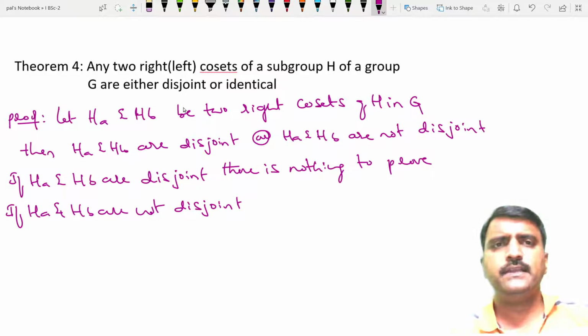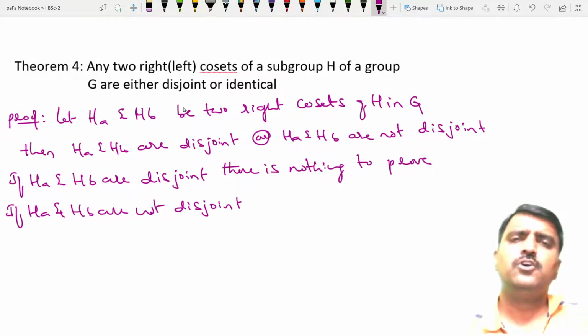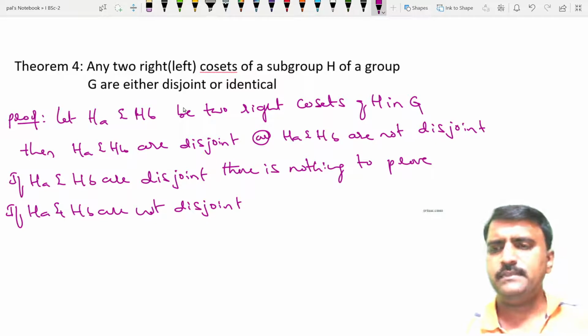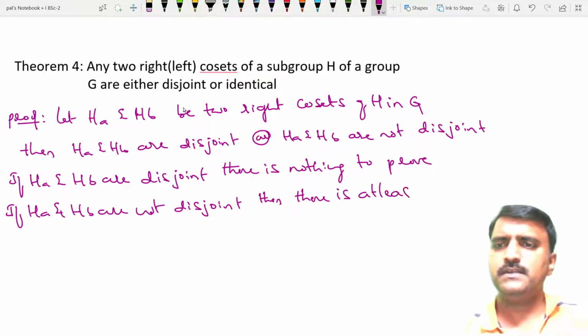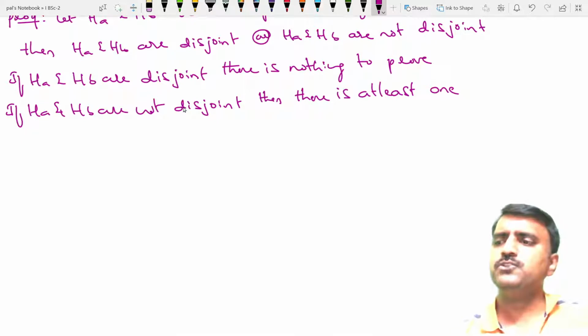So if they are not disjoint, then there is at least one common element.